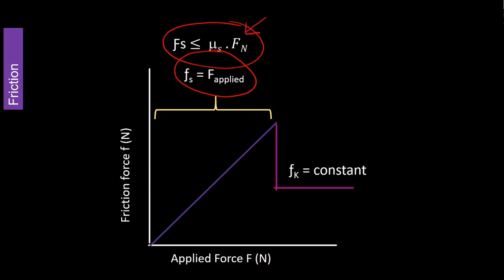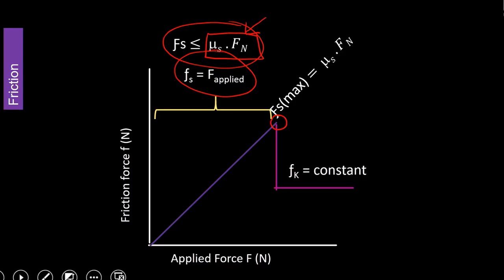So as the static friction increases with the applied force, it is less than the maximum static friction. Over here, at this point, where we overcome the static friction just as the object is starting to move, that is the maximum static friction.